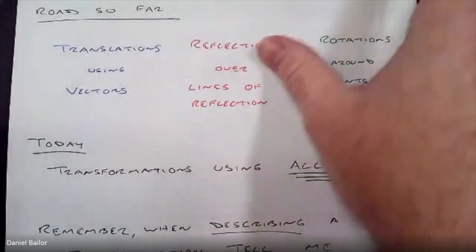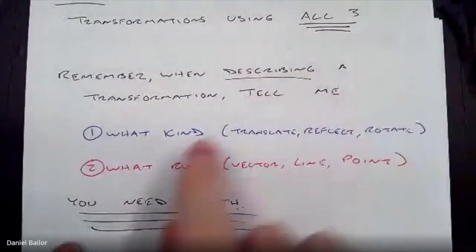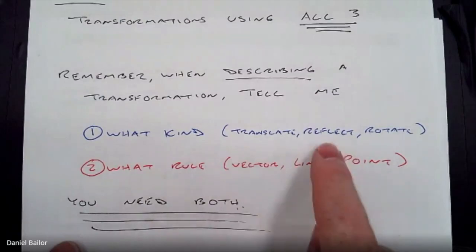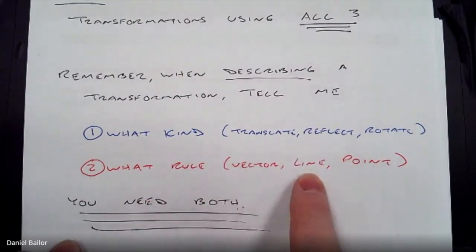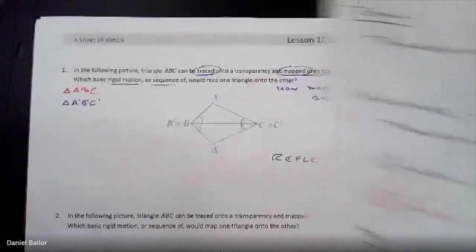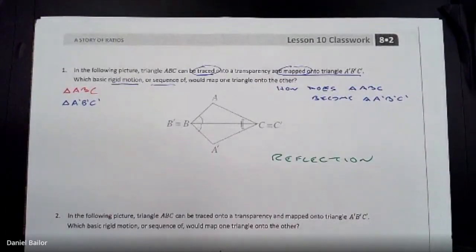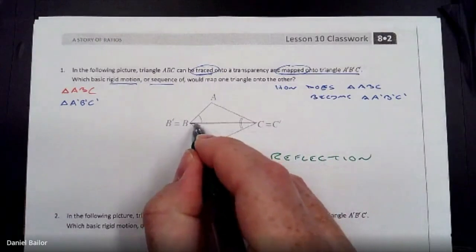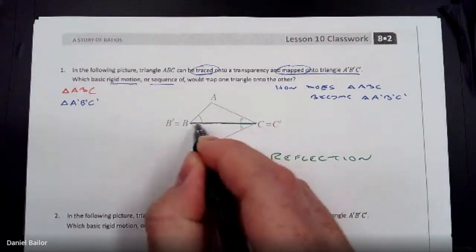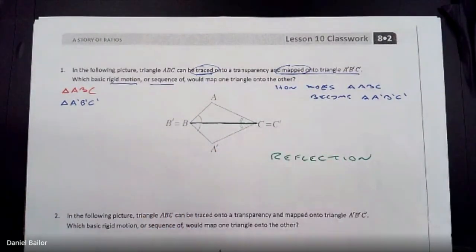So we did what kind of transformation? It's a reflection over what line? Well, what line are we flipping over? If you look, we're flipping over this line right here. That is the line that gets flipped over. So we need to name that line.